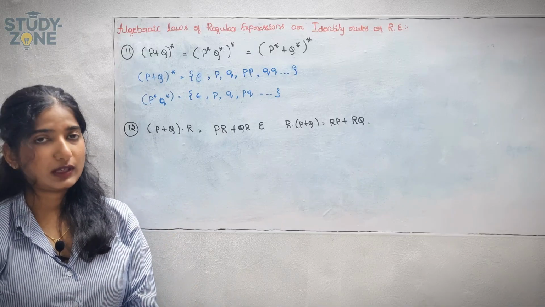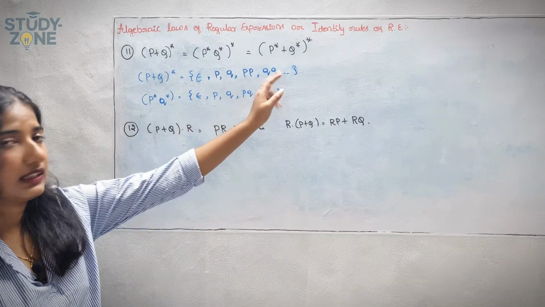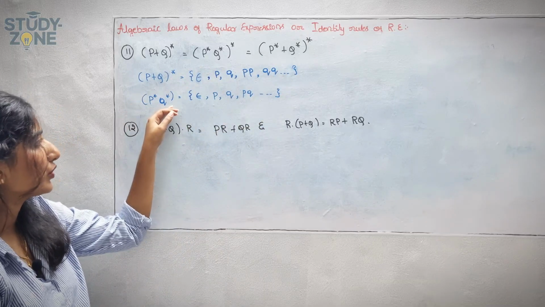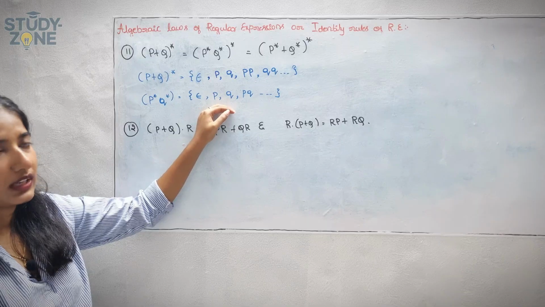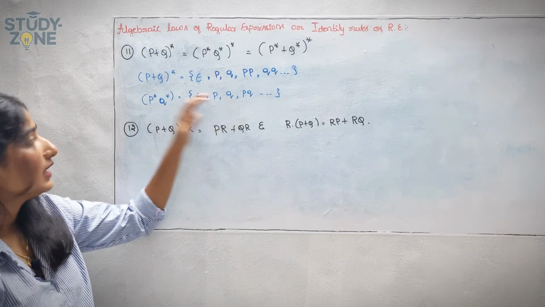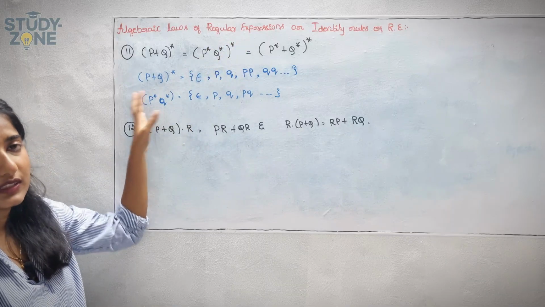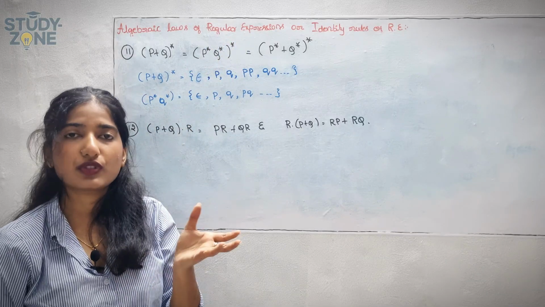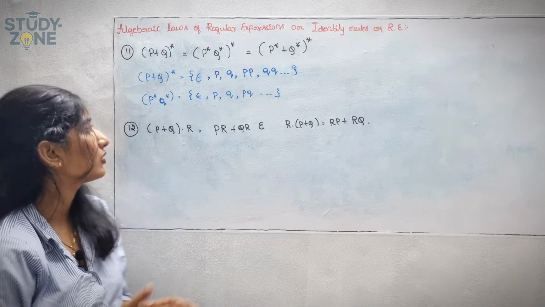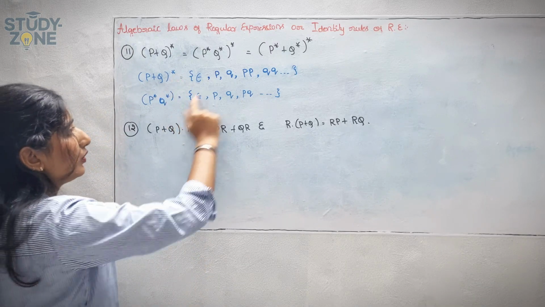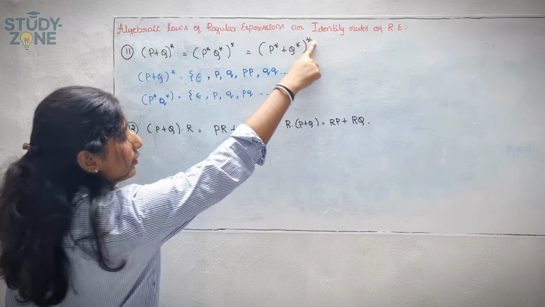So we have to write it like this, and P star Q star will be 0 or more occurrence of P, then Q. (P star Q star) whole star will be P star Q star only. Why? Because (R star) whole star will be R star only. So if we solve these two, we will get (P star plus Q star) whole star.